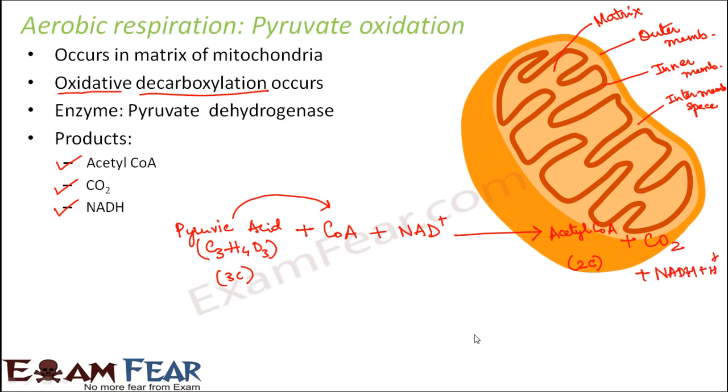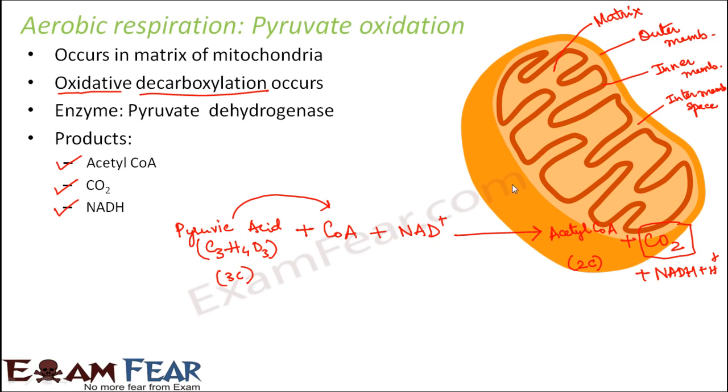So this 3-carbon compound got converted into a 2-carbon compound and carbon dioxide. And this carbon dioxide formed in this step is the one which we exhale. Like in the case of human beings, we exhale carbon dioxide. So that carbon dioxide is actually formed during this step.